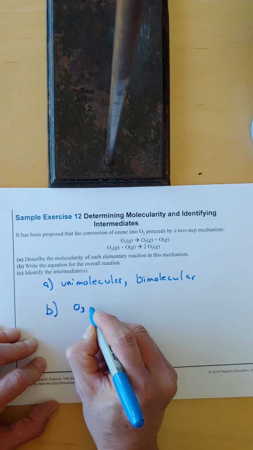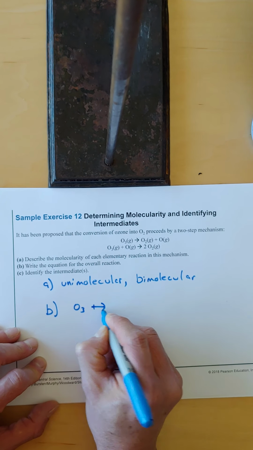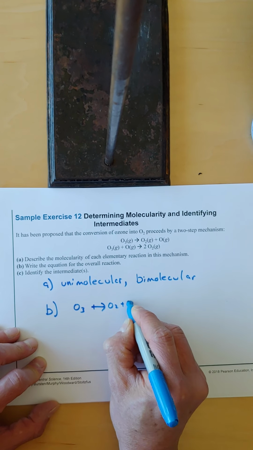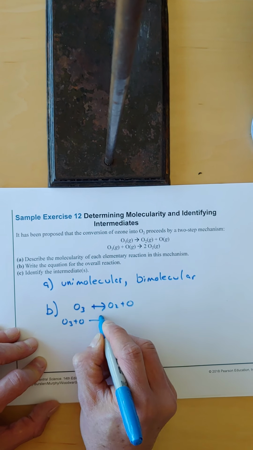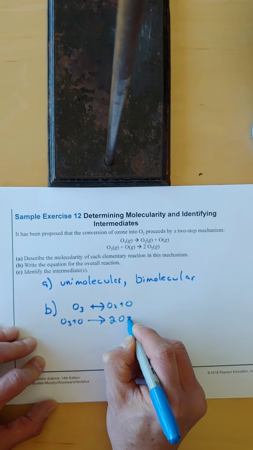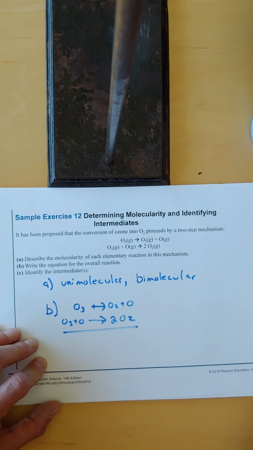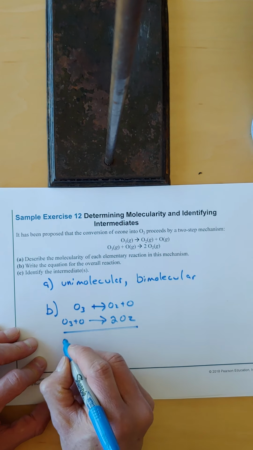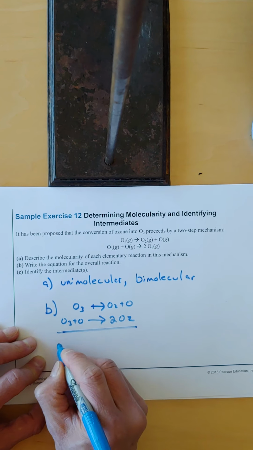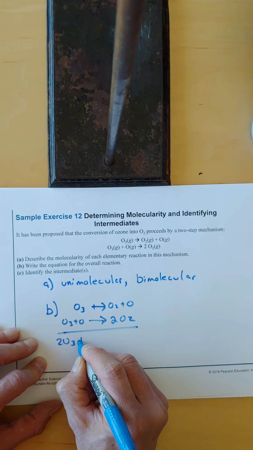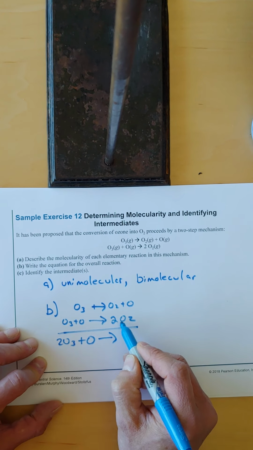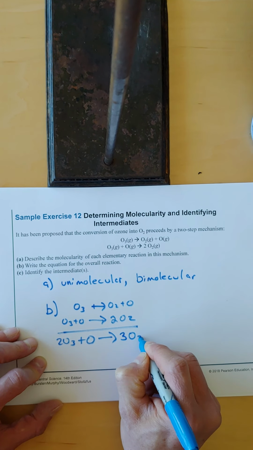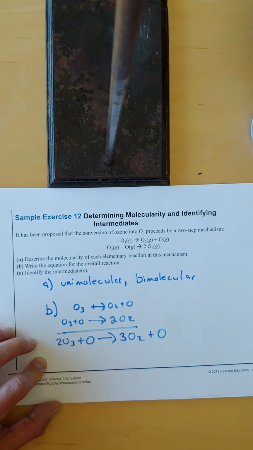So if I have ozone going to form O2 plus O, and then I have ozone plus O to give me 2O2, right? If I add all of those up, right, ozone and ozone gives me 2 ozones plus O, and then I produce O2 plus 2 O2s gives me 3 O2 plus O, right?